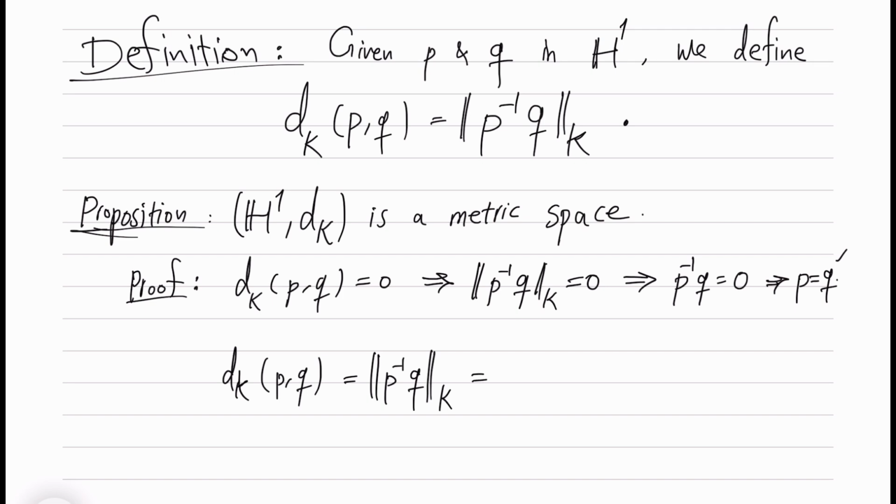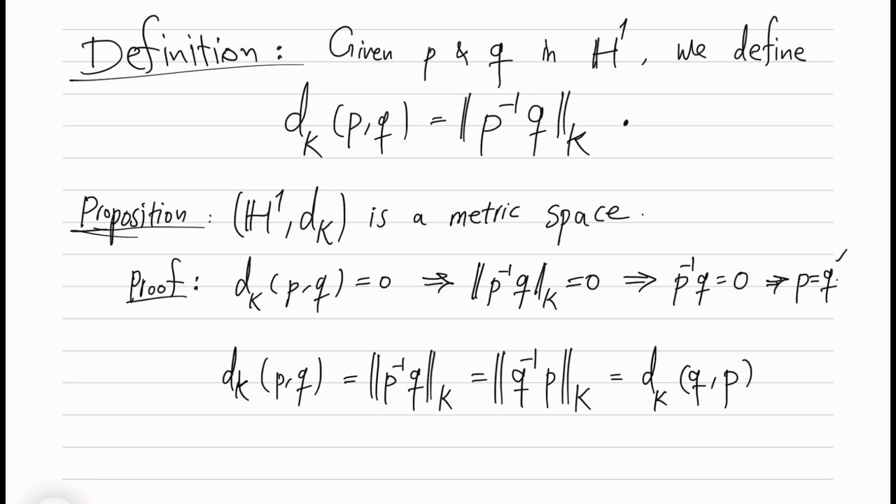But for the Koranyi norm, we have that this is equal to the inverse of this thing. And the inverse of this element, even though the group is non-abelian, is always Q inverse times P. But that, by definition, is dk of Q from P. Because per definition it is not symmetric per se, because you take the inverse of the first element and then multiply.